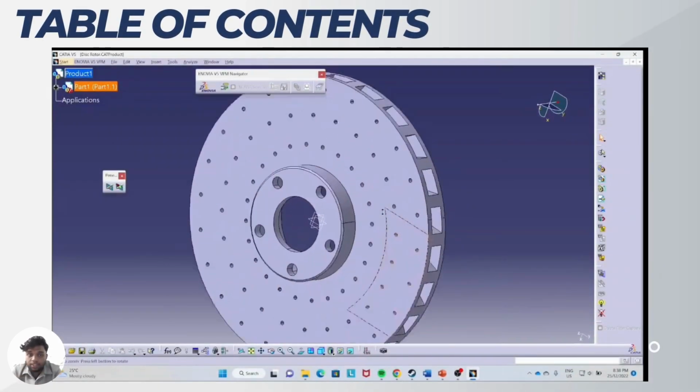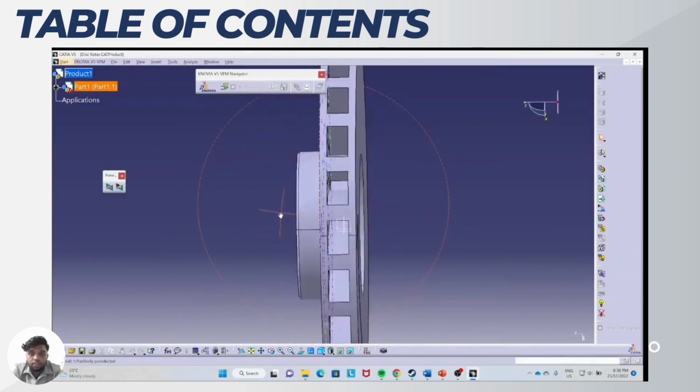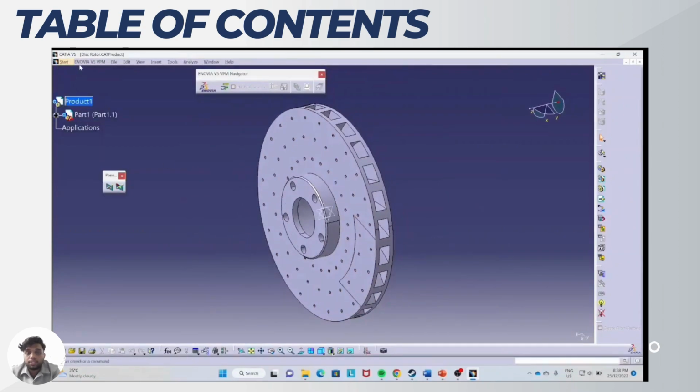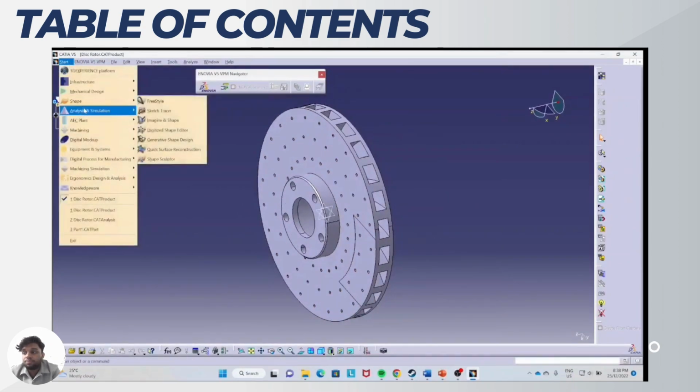Now let's look at our construction, or how we made the CATIA model of our disc brake, or disc rotor, and of the caliper.